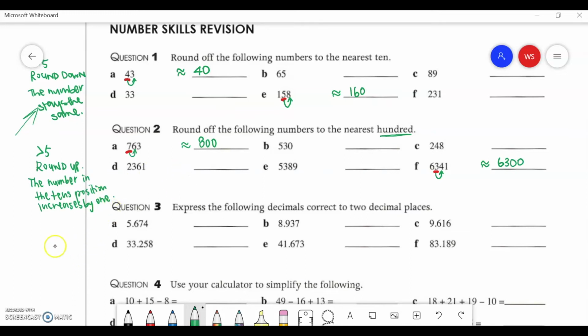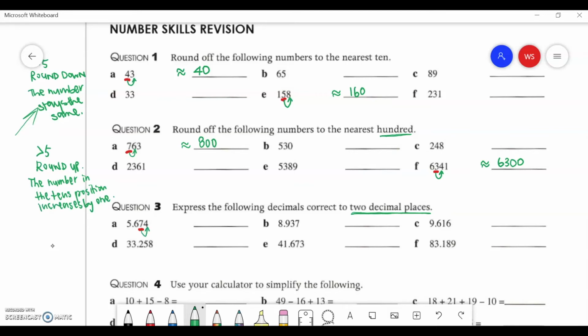Right, question 3. Express the following decimals correct to 2 decimal places. Let's give it a go with question 3A, 5.674. First up, we'll want to locate our number in the second decimal place. That will be the number 7. Looking at the number beside that, that is 4.